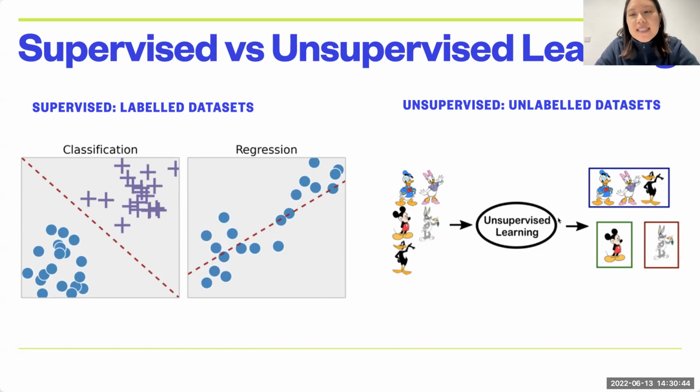This particular one, about classifying things into ducks, a mouse, and a Bugs Bunny, would be a clustering problem. Again, it's kind of like classification, but the unlabeled data set version. Unsupervised learning can also deal with dimensionality reduction.